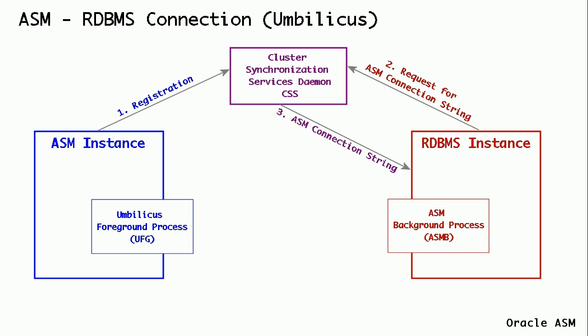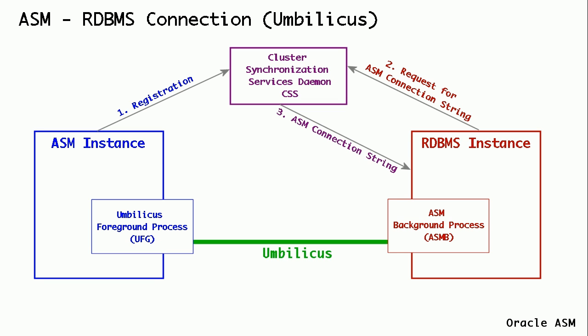Database instance connects to the ASM instance using operating system authentication with sysdba privileges. Connection between database instance and ASM instance via ASMB and UFG is called umbilicus.